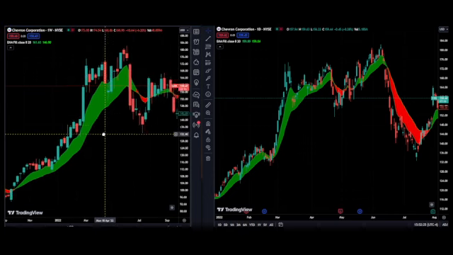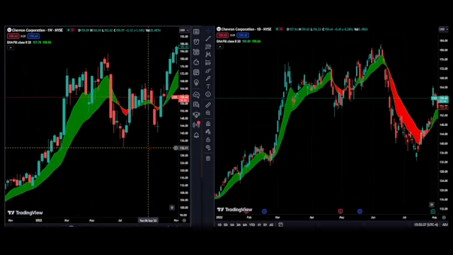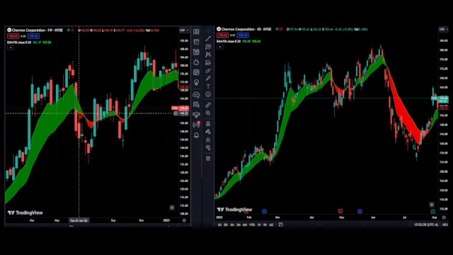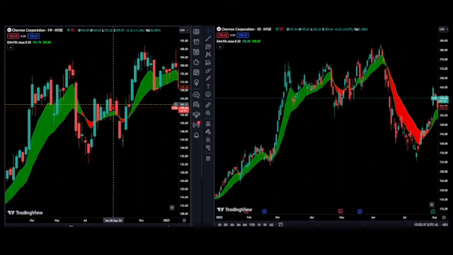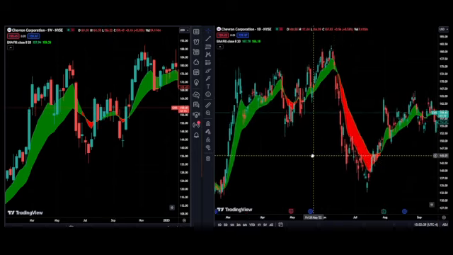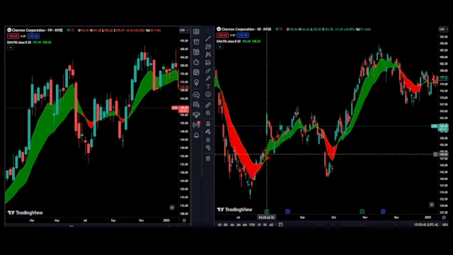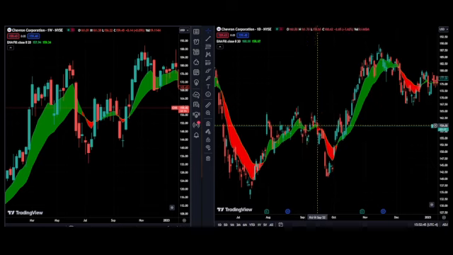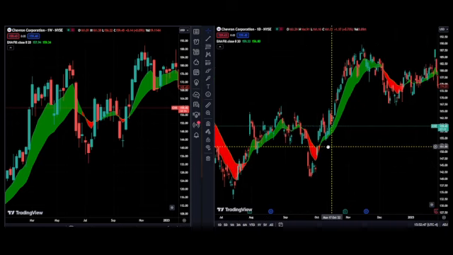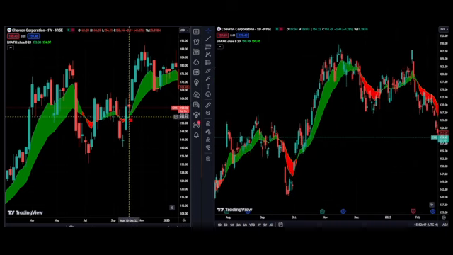And with Chevron, we saw that here. This turned red here, and then it turned green. So that could have been like a signal here in August. It wasn't a very long-lived signal. And if we scroll over here to August, we'll see that this flipped to green for a little while, and then it pulled back one more time before this turned green here in October of 2022.